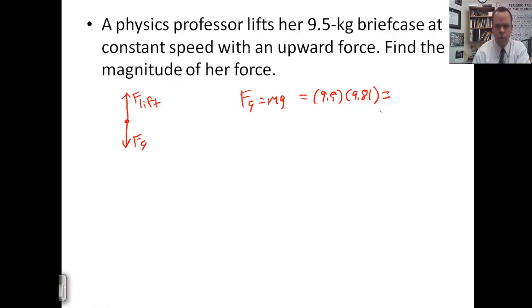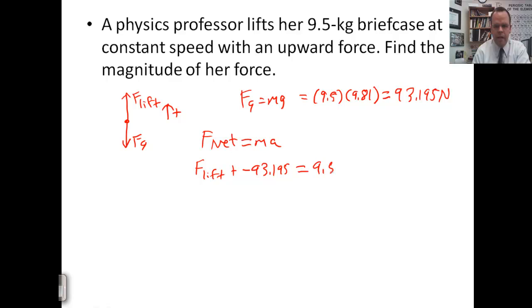We get 93.195 newtons. Now I know F net equals ma, and I'm going to make up positive. So the force of the lift plus negative 93.195 equals the mass times acceleration, and it's going at a constant speed, so a is 0.